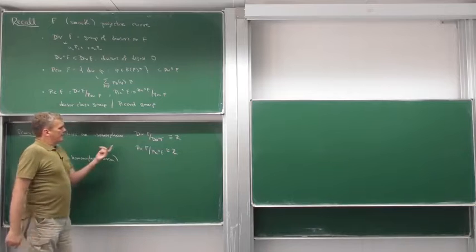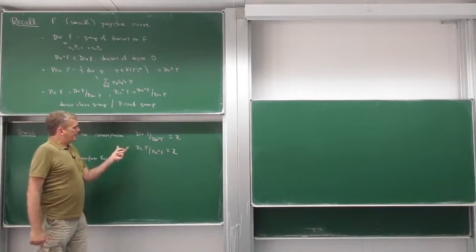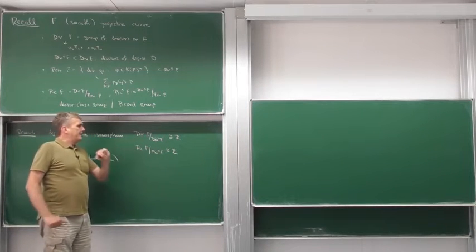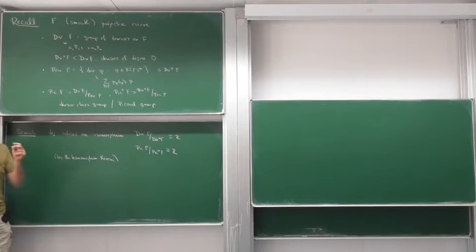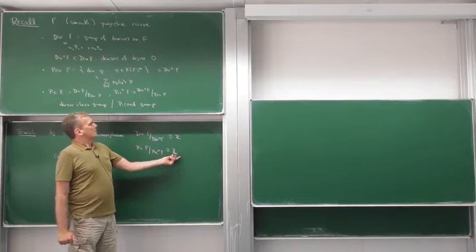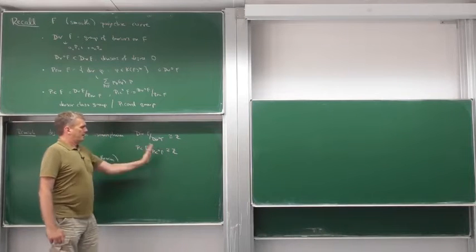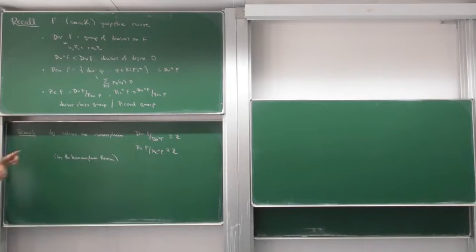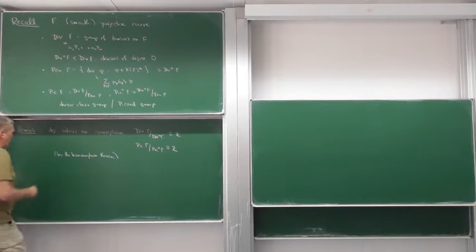And that means that the two groups, div F and div 0 F, respectively Pic F and Pic 0 F, carry more or less the same information. So they fit into an exact sequence with the integers. So if we want to study the structure of the group, it doesn't really matter which one we take. So sometimes we take this and sometimes we take that one.